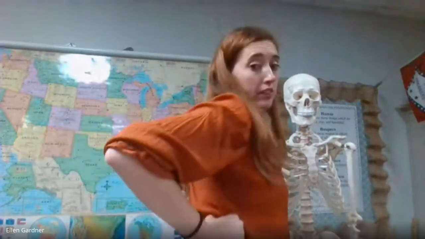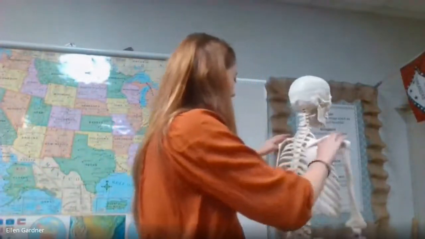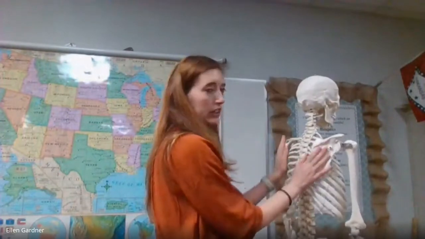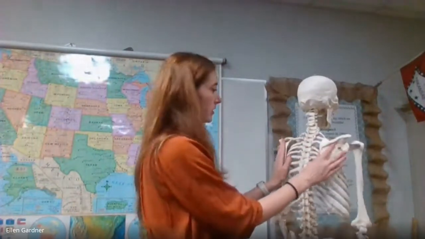Now, your ribs. Reaching your hands across your back, you can start feeling a series of rib bones, even in the back, extending from the spinal column, as well as 2 angular bones called scapulae, or your shoulder blades. All right, so we've got your rib bones extending around, and here's 1 scapula, 2 scapulae.